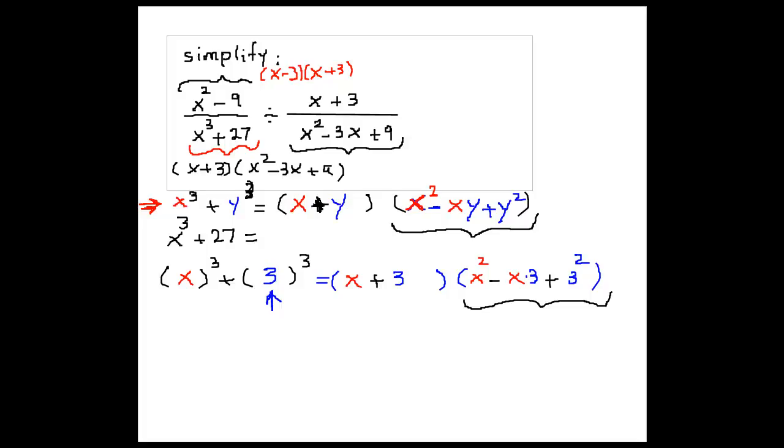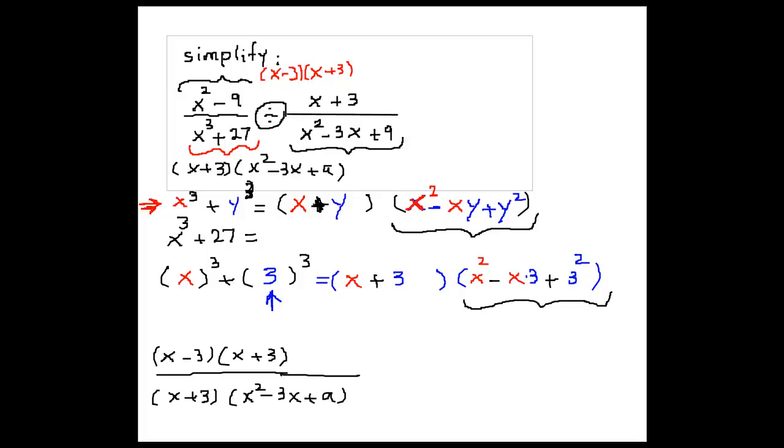It's not factorable. So now I have to change this division to multiplication. To do that, we keep the first fraction as is. Brian, can you tell me what do you do with the second fraction to change division to multiplication? You flip it. Right, you flip that. So we change the division to multiplication, and we flip this.